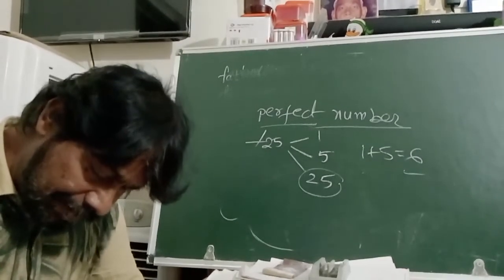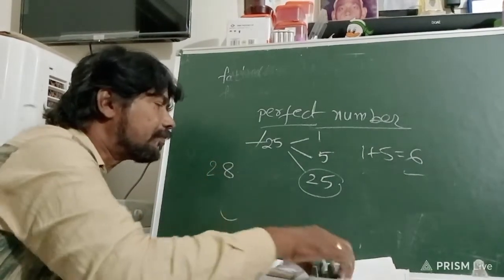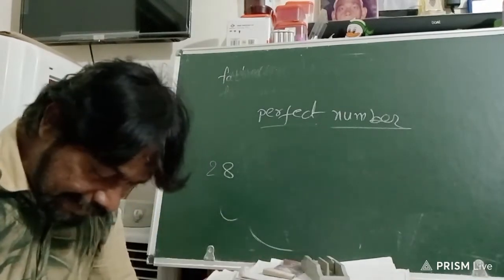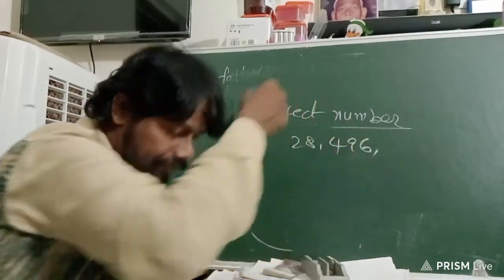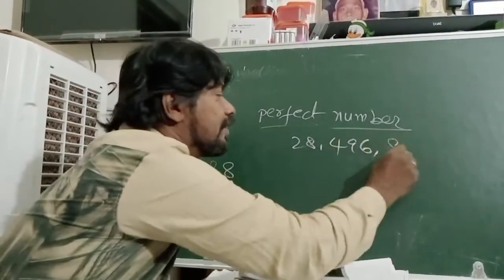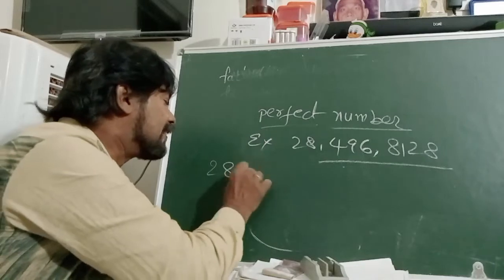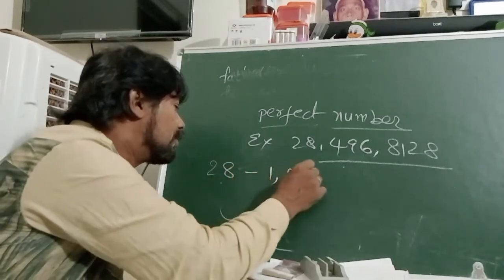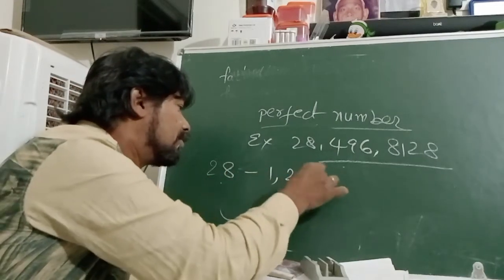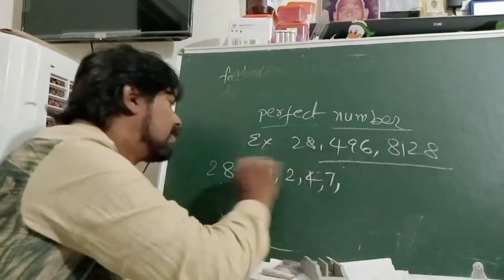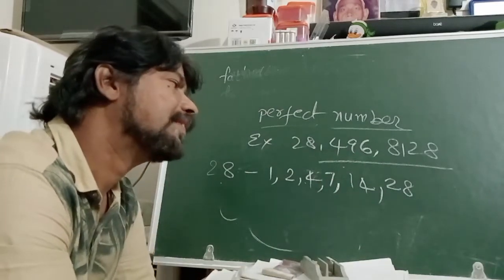Some other examples of perfect numbers are 28, 496 and 8128. Factors of 28 are 1, 2, 4, 7, 14 and 28.